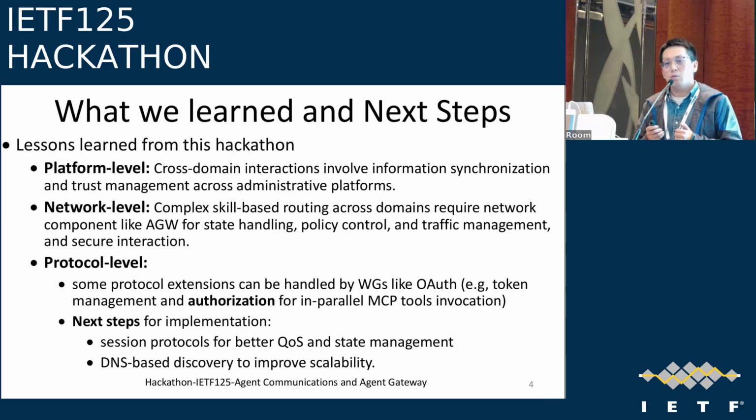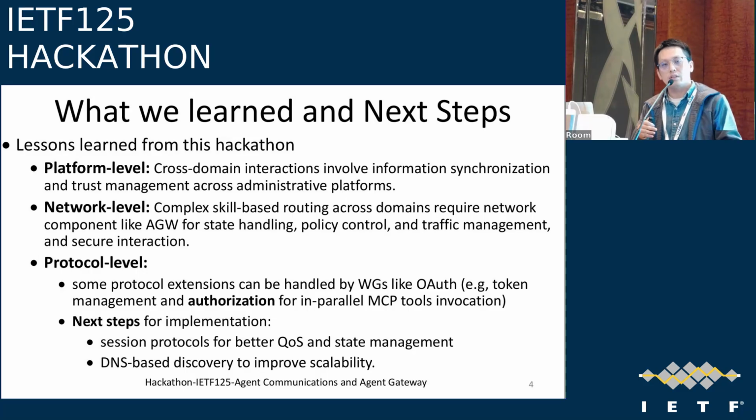So what we learned from the whole agent problem space is that it covers many levels. At the platform level, you need to manage and exchange trust across different administrative platforms. At the network level, if you want to achieve complex skill-based routing, you need to design the network framework and introduce network components like a gateway to handle state, control policies, and manage traffic.